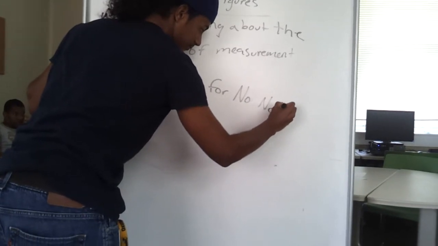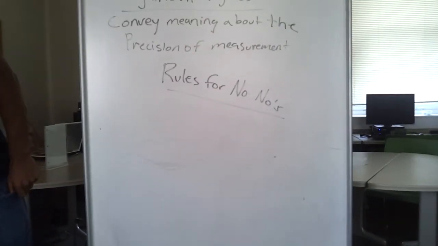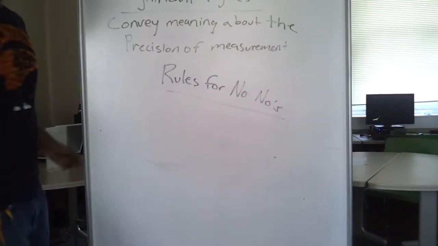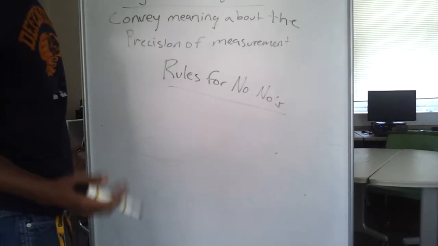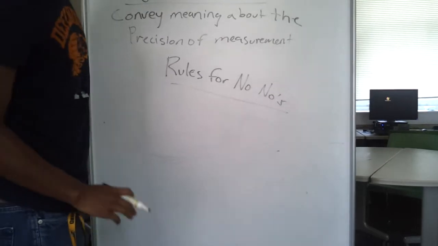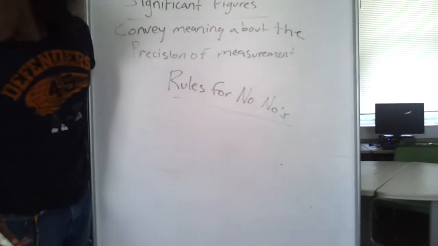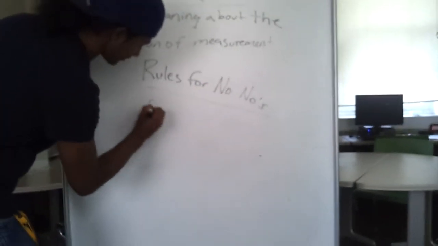Here it is. Now, zeros leading in from the right side of the decimal are not considered significant figures. Now, we went through an example like this earlier. I'm going to give you another one right here.